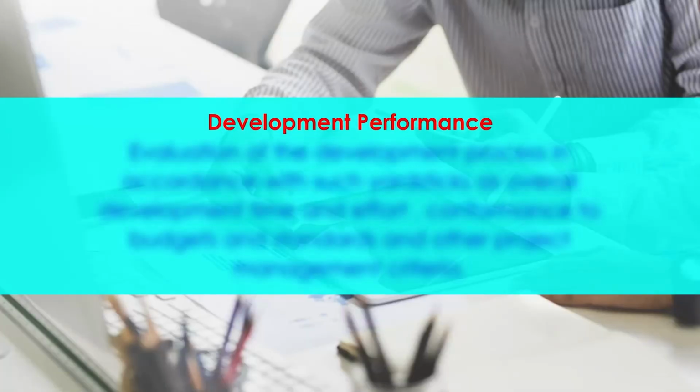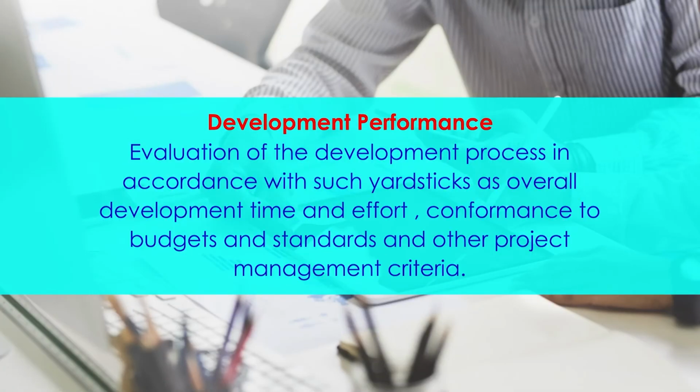And the last one is development performance. This is the evaluation of the development process in accordance with criteria such as overall development time and effort, conformance to budgets and standards, and other project management criteria. So it talks about the overall development time and effort that has been put in, whether it conforms with the budget or whether there is any escalation of the budget.